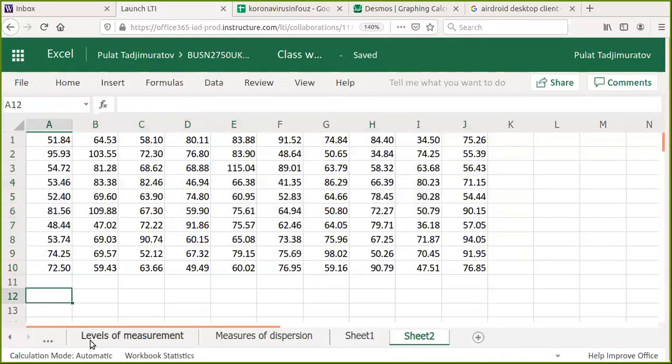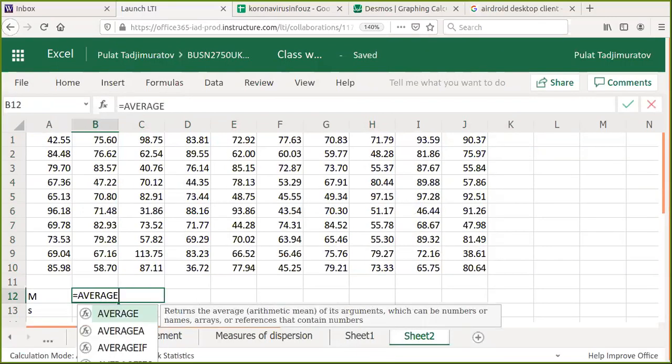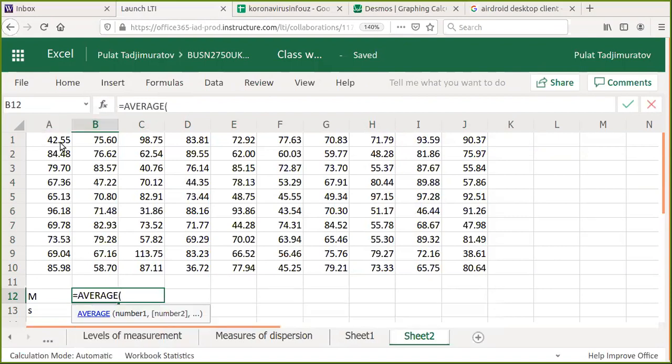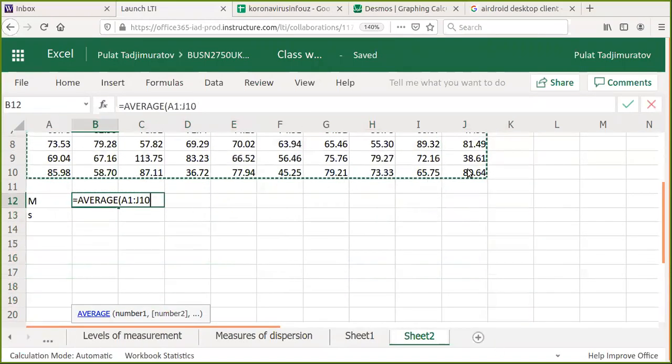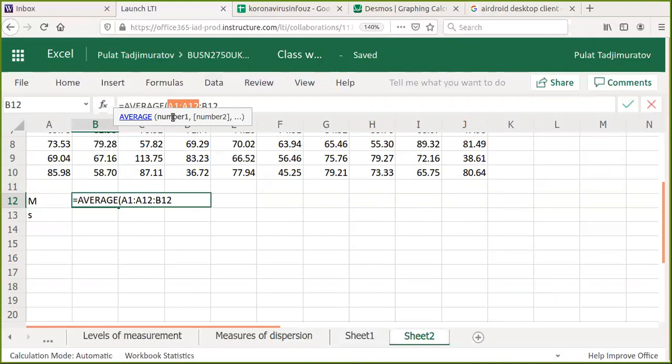So I need mean and standard deviation, and my mean is, okay, so now it's here, and I'll copy this. Oh, okay, that's wrong.